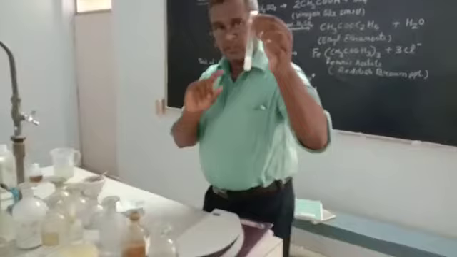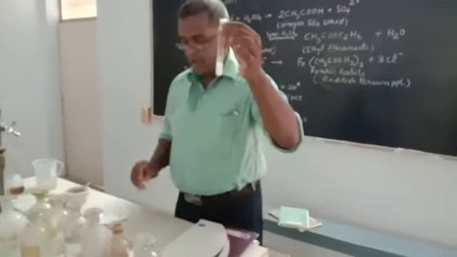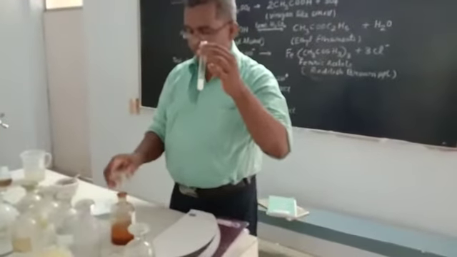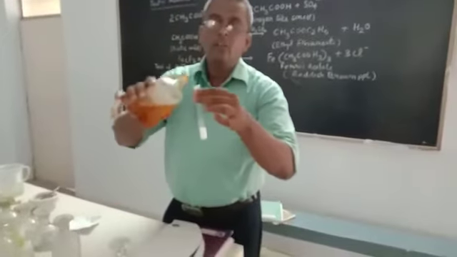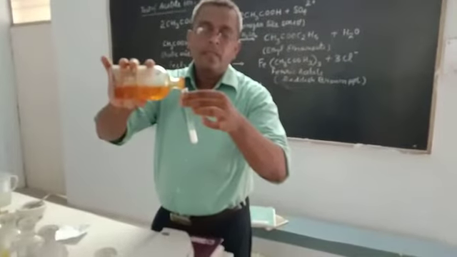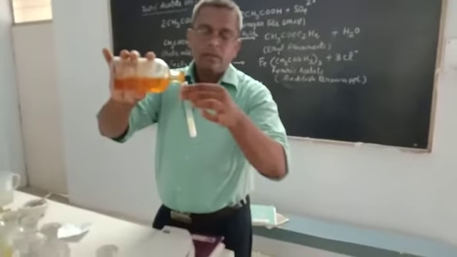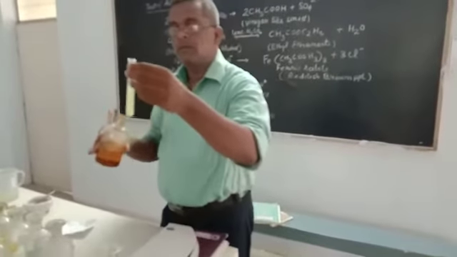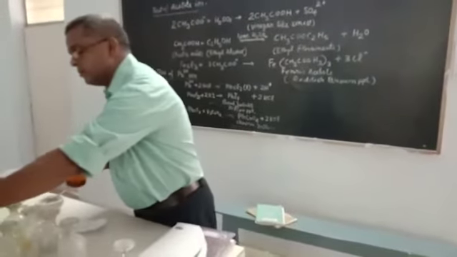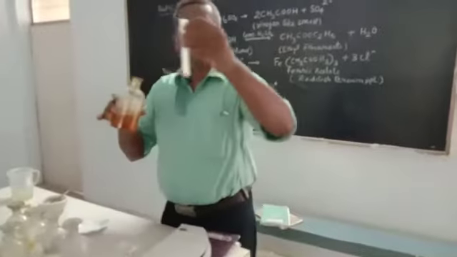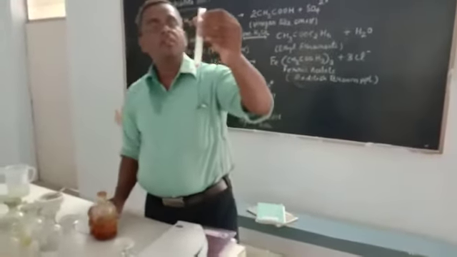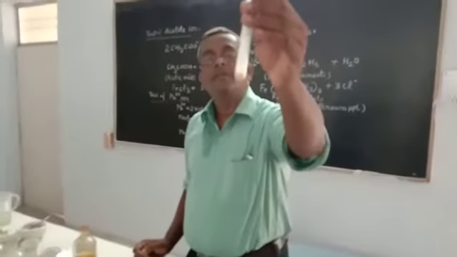This is now the solution of the given salt, and you have to add it to ferric chloride, and you will get, you can see, a reddish brown part.